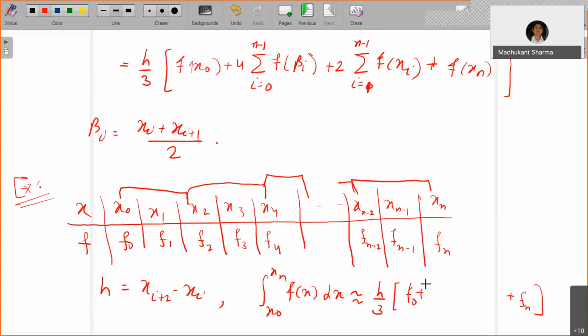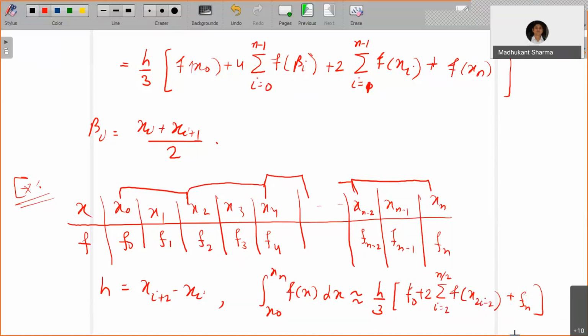So with this in mind, what we can write is 2 times summation i equals 2 to n/2, if n is even, f at x_{2i-2}.